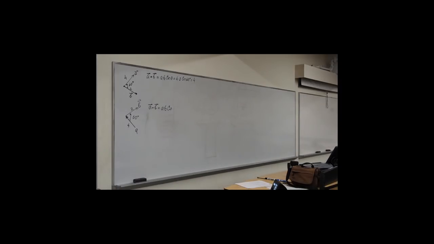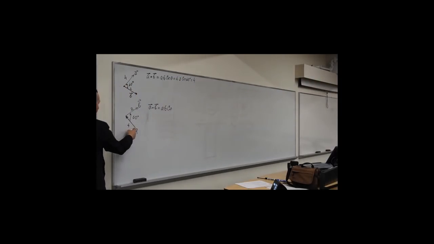Is it 60 degrees? No, of course not, because you need to position the tail of vector A and the tail of vector B at the same point. You can do it mentally, or you can actually redraw it.